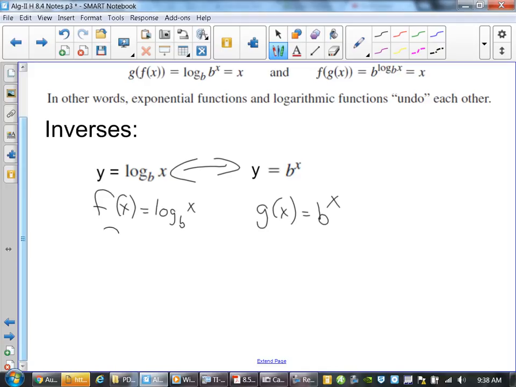So if I take f of g of x, that means take the g of x equation and surround it with everything else. So I'm substituting it in for x, and I'm surrounding it with the rest.